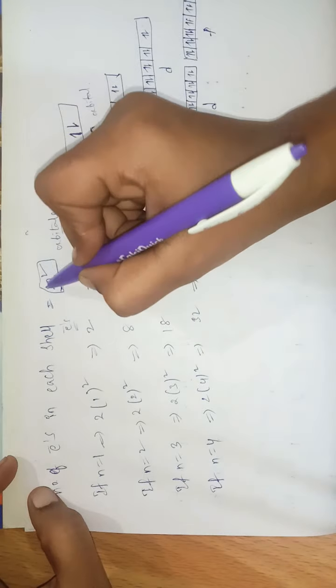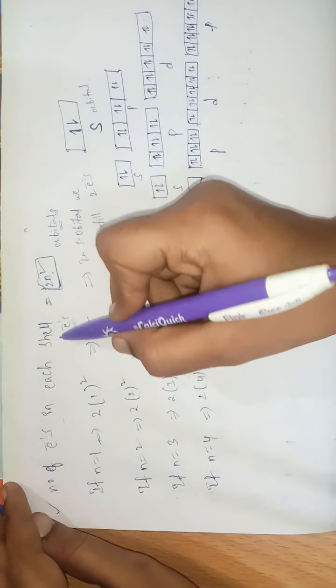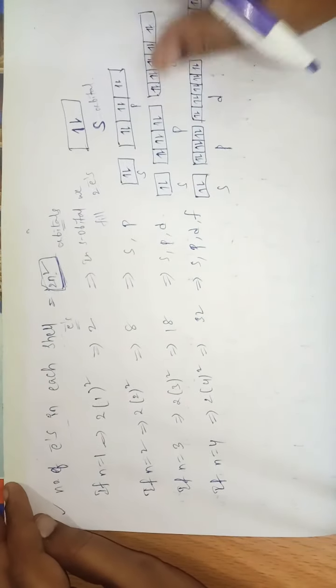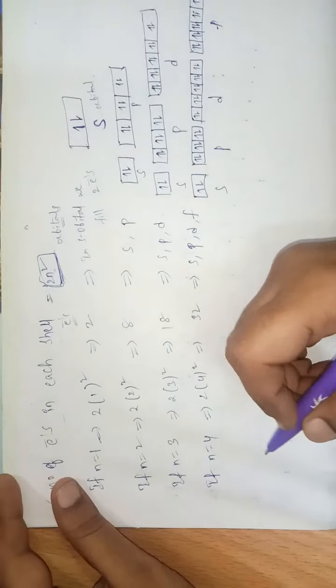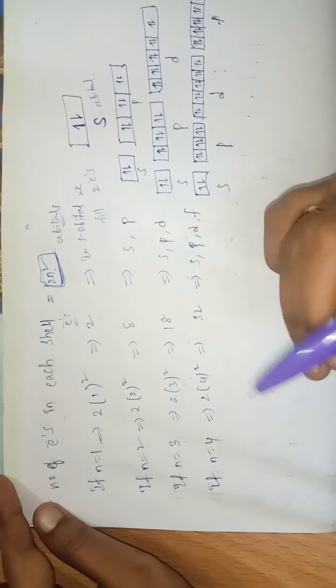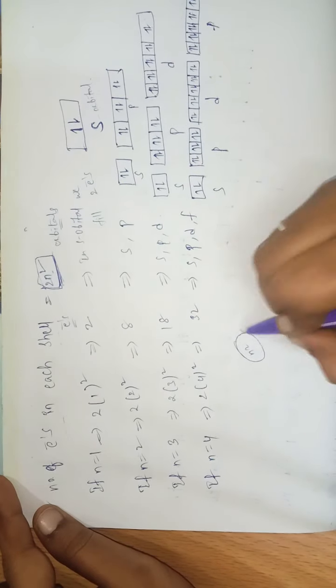For the number of electrons in each shell the formula is 2n square, and to find the number of subshells in a stationary orbit it is n square.